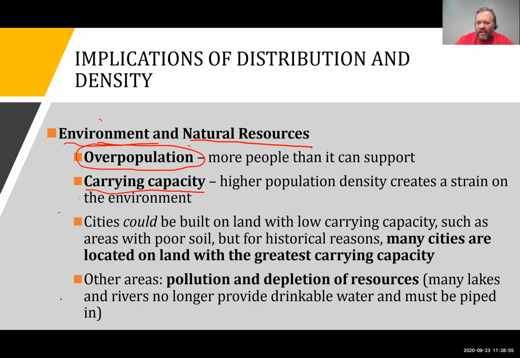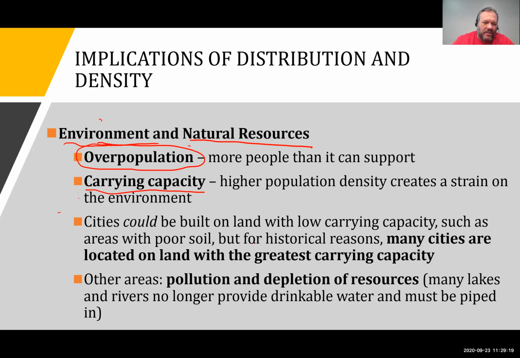All right, so cities can be built on low carrying capacities because we can import things, but most of them are built on areas that had a great carrying capacity because that's where they started before the industrialization boom, and so they put themselves on places with a high carrying capacity, and those cities have just grown.